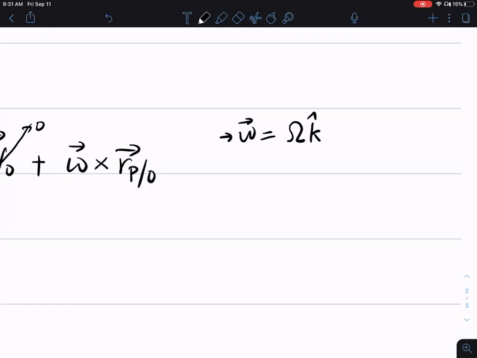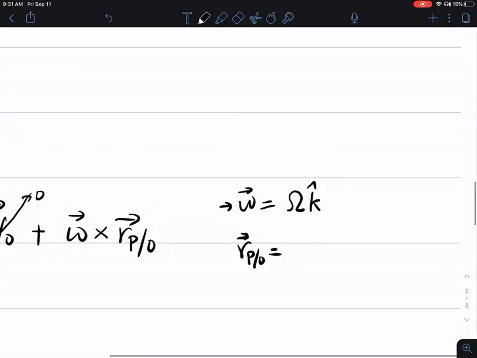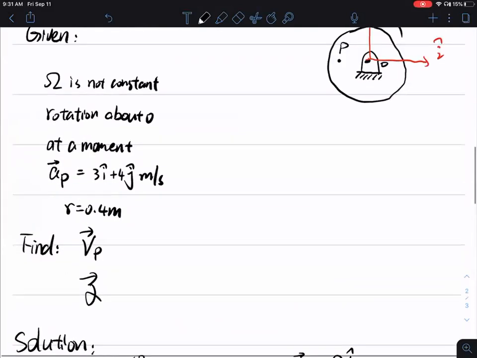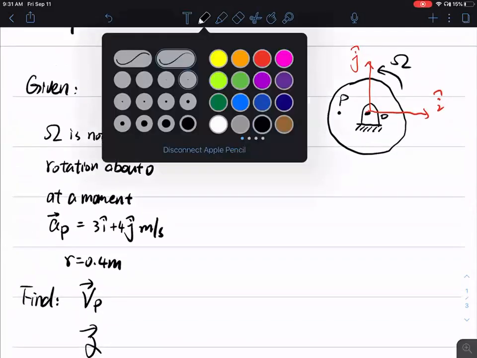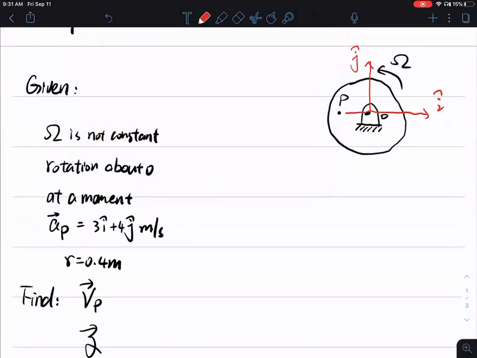Okay, now let's look at Rp/O. Can someone tell me what Rp/O is? That's just a vector. We know R, the distance between P and O, is 0.4 meters.